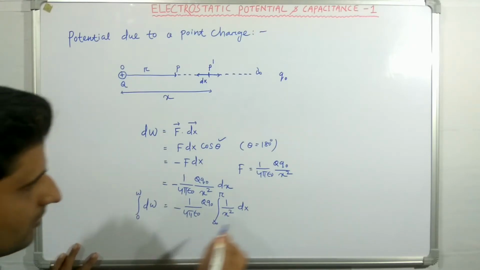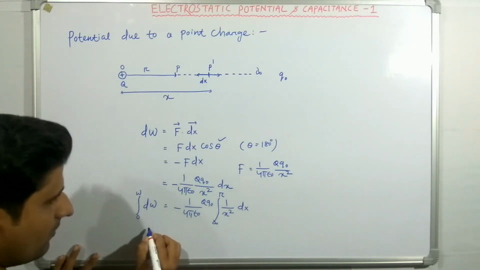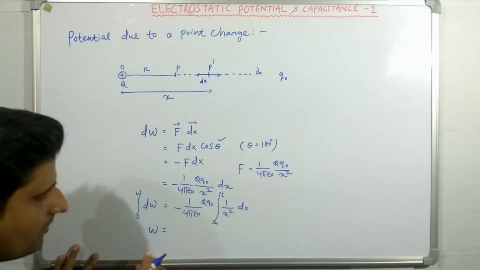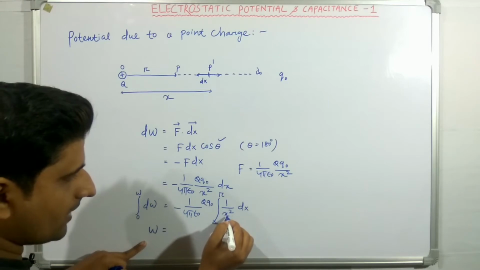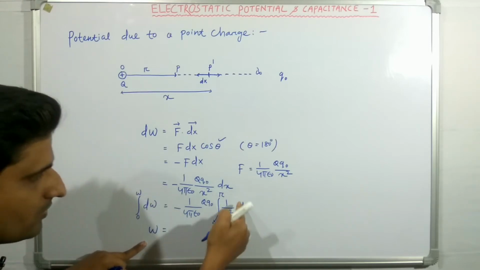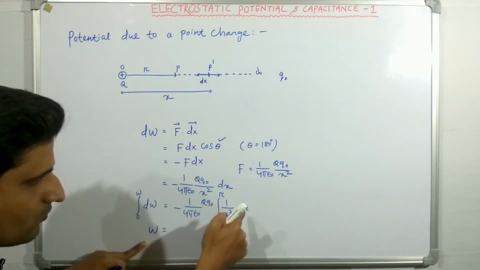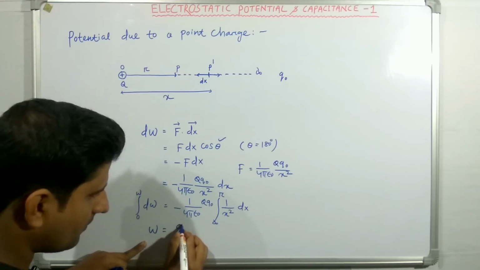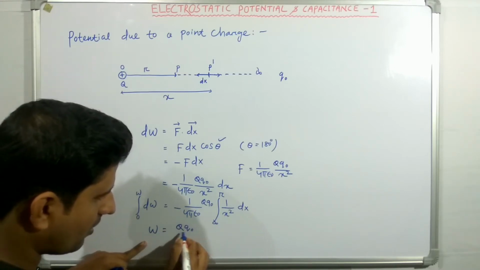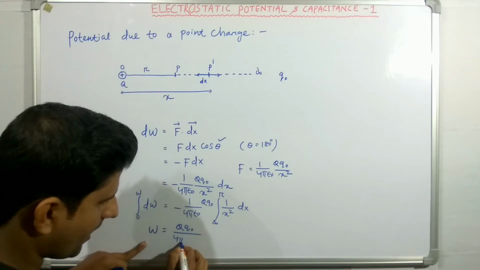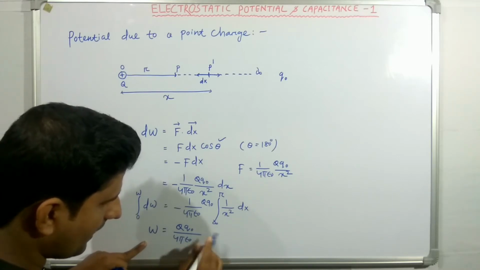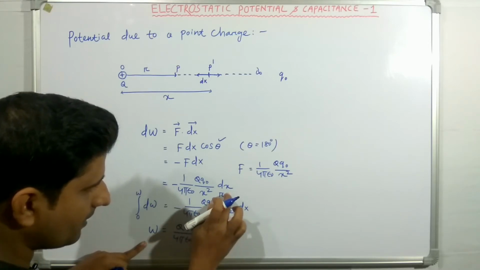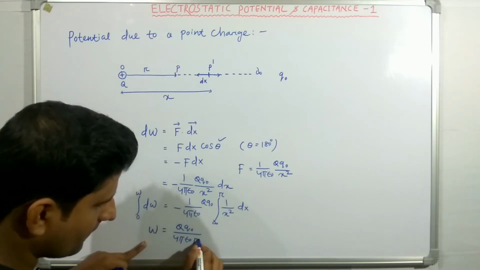So the work done W, the integral of 1 by x square dx is minus 1 by x. So this will be q q0 by 4 pi epsilon naught, with x replaced by the limit r.